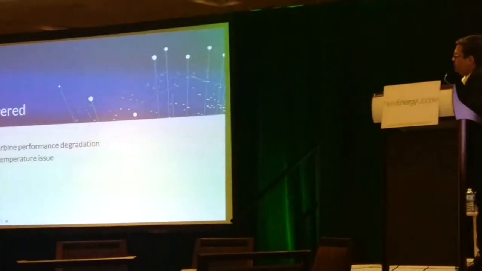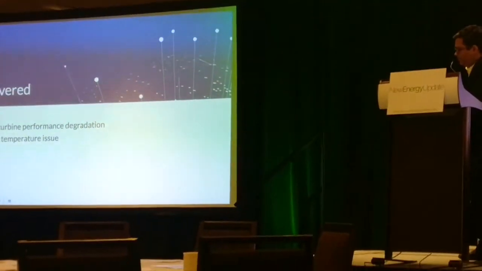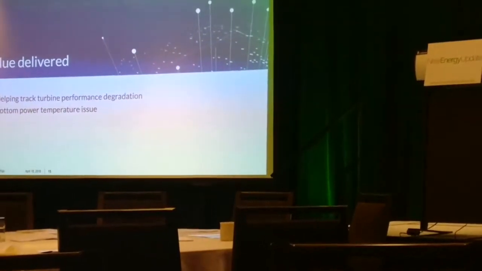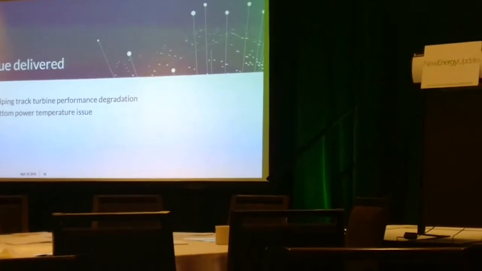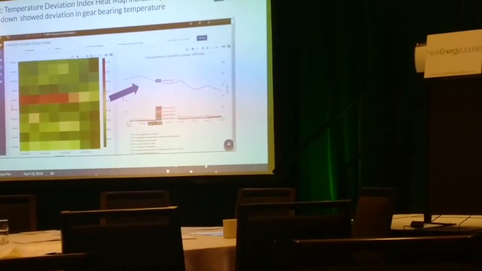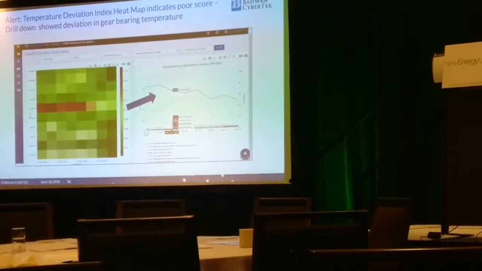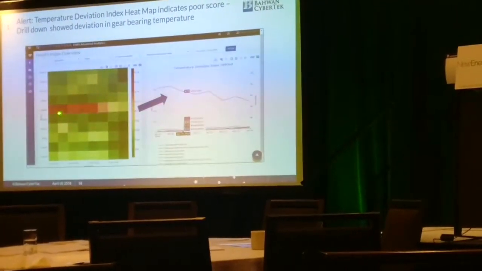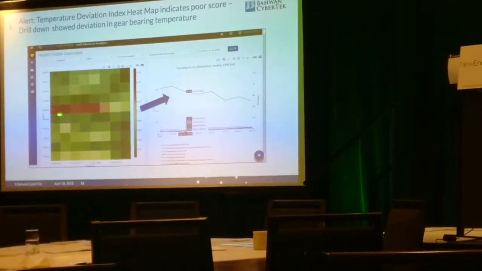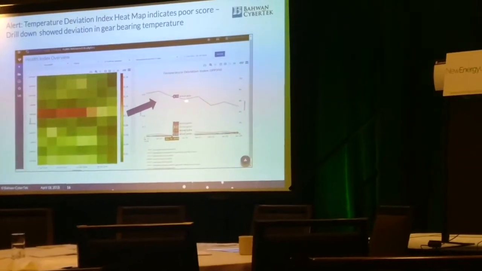So let's see the value that we deliver to the customers. We helped the customers to track their turbine performance degradation, and the example that I'm showing is for a bottom power temperature issue. The red lines that you see here are the health scores of the turbines that have been degrading over various days, and the trend of this is captured here.